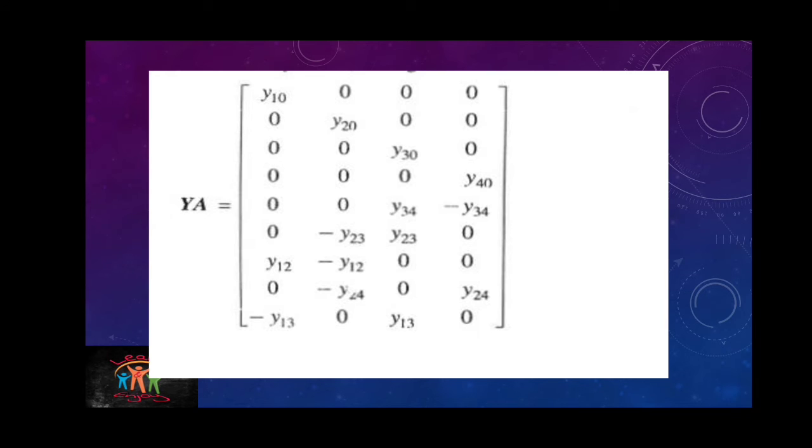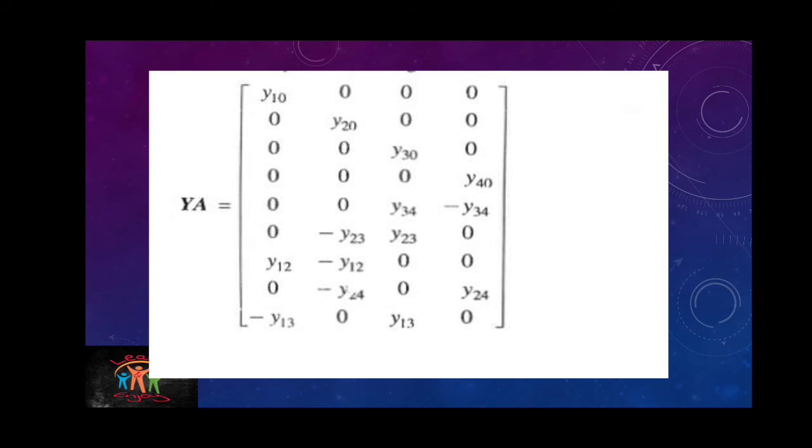It is very easy to understand and easy to remember. So this diagonal term is known as y11. So y11 is what? All the admittance connected to node 1.